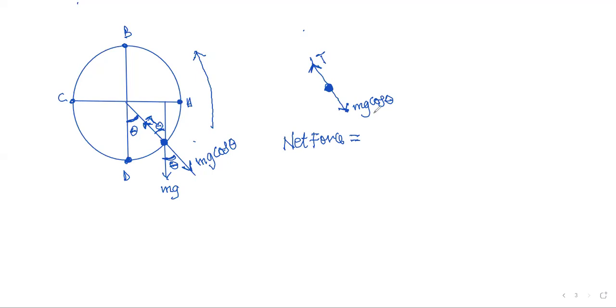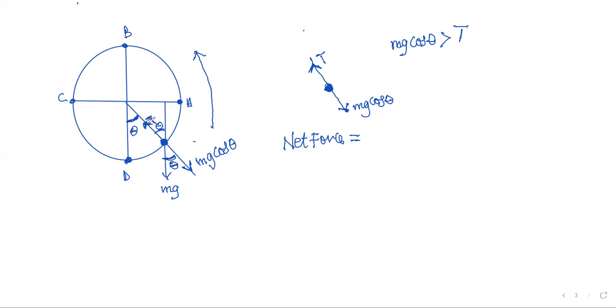Because if mg cos theta is going downwards, then it has to be negative, because going down the y-axis is negative. If mg cos theta is greater than T, the object cannot be in circular motion, meaning this component is greater than the tension, and so the string must slack.